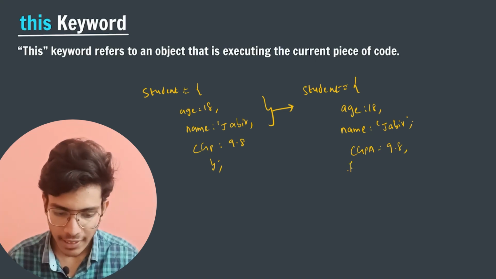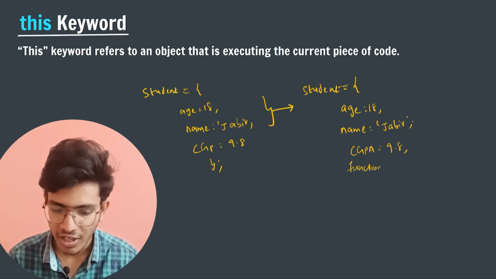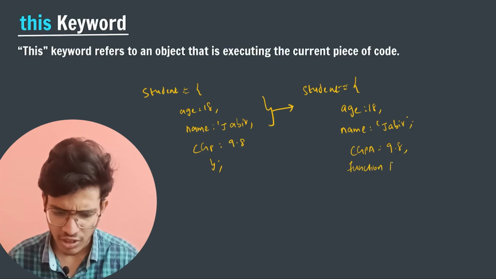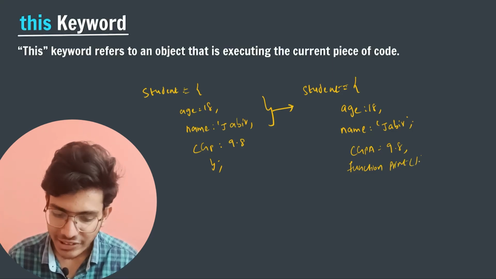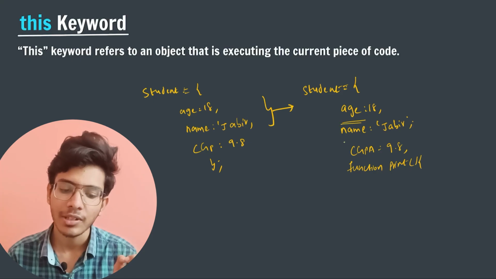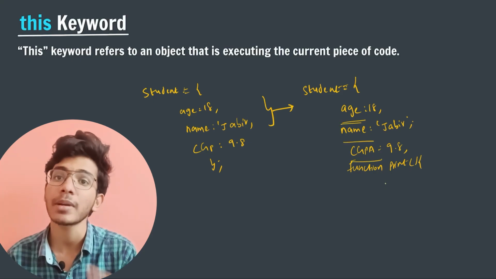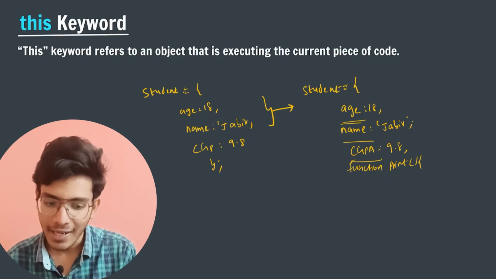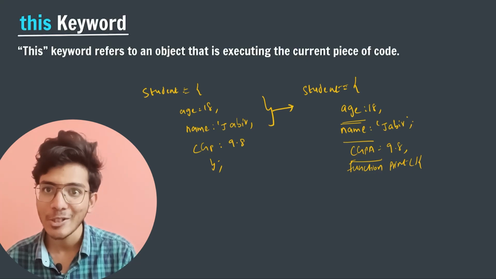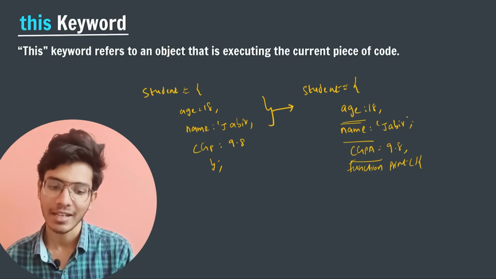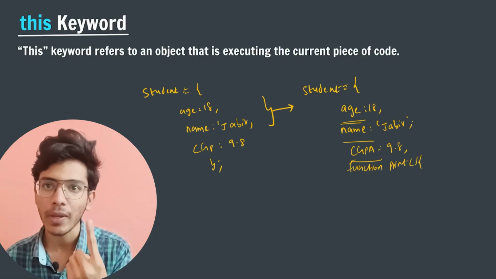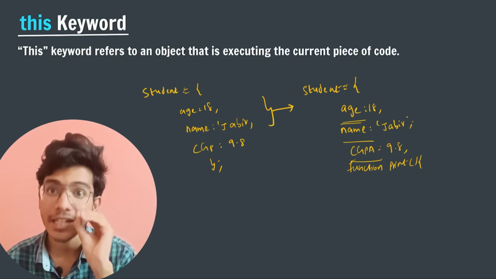I will write function, whatever the function name is. Let's say the function name is print, and inside it, whatever key values I have, I want to print those key value pairs. How am I going to do that? I can print the key value pairs using the this keyword when it comes to objects.